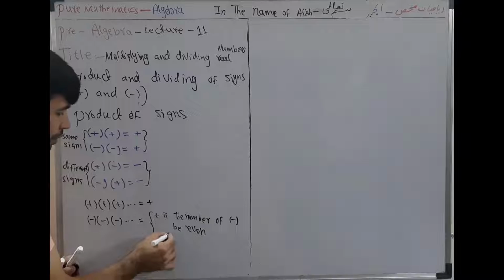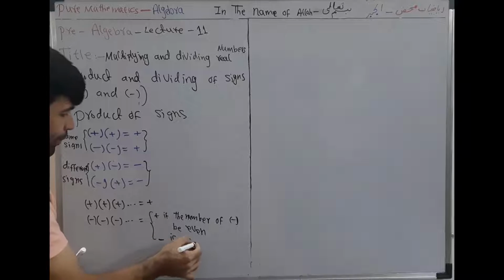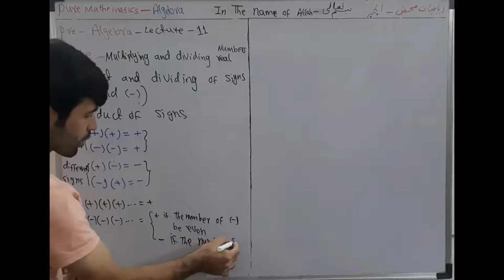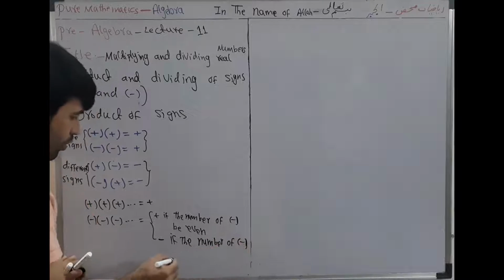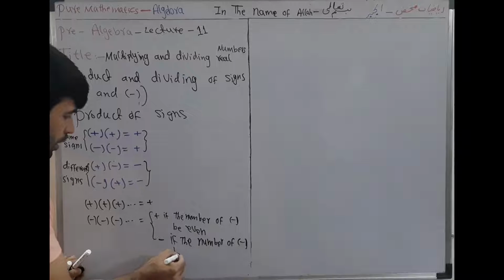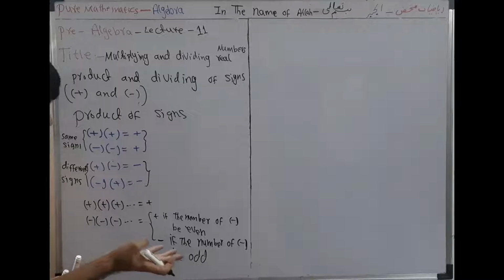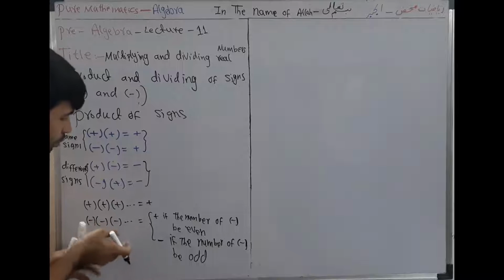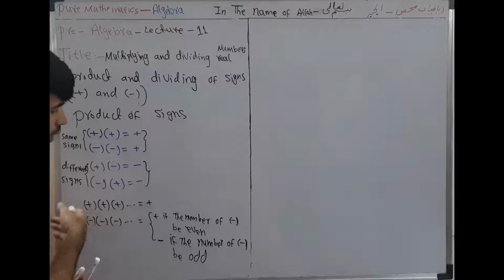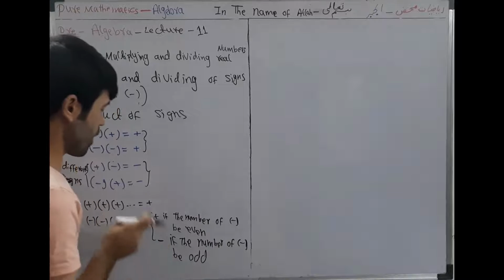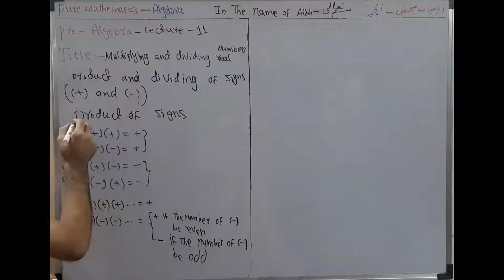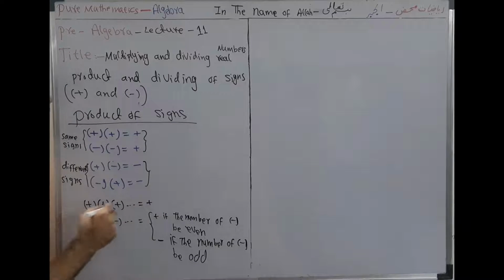Negative, if the number of minus signs is odd. If we have 3, 5, 7, 9 negatives multiplied together, the result will be negative. It was the rule of product of signs.